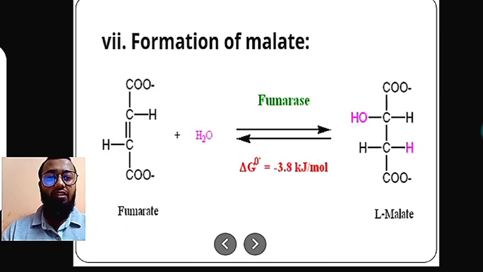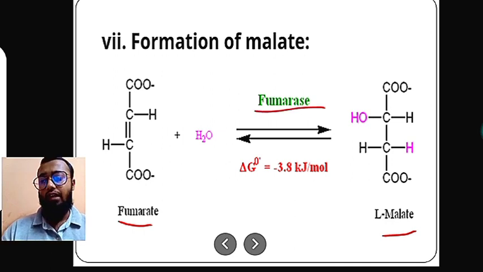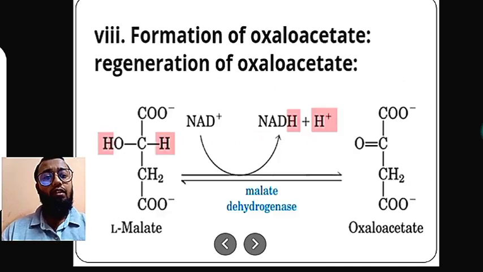Let's see the seventh reaction of the tricarboxylic cycle or TCA cycle, which is fumarate to malate. We also call the fumarate fumaric acid and malate malic acid. And this reaction happens in the presence of fumarase enzyme. Let's see the last reaction of the TCA cycle, which is a very important reaction, the formation of oxaloacetate.